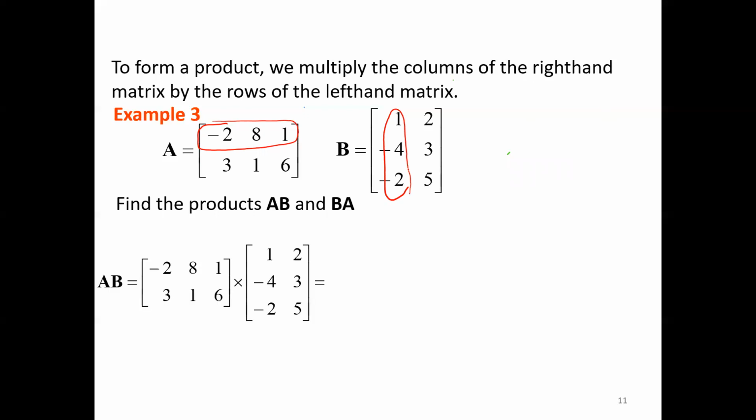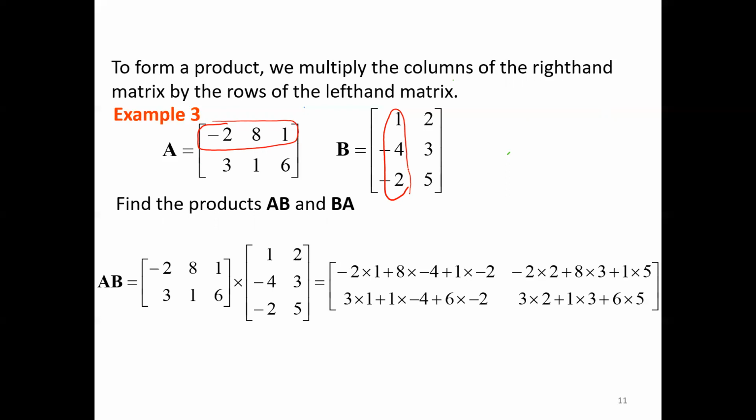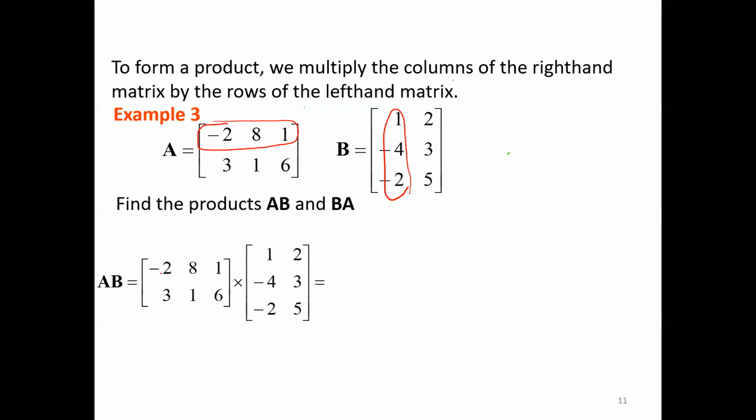So this is A multiplied by B. I'm just going to do the first element. I'll take this row multiplied by this column.